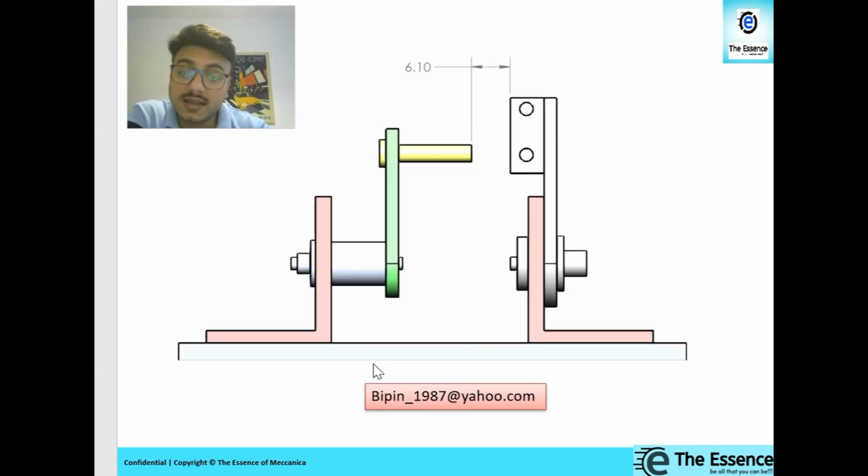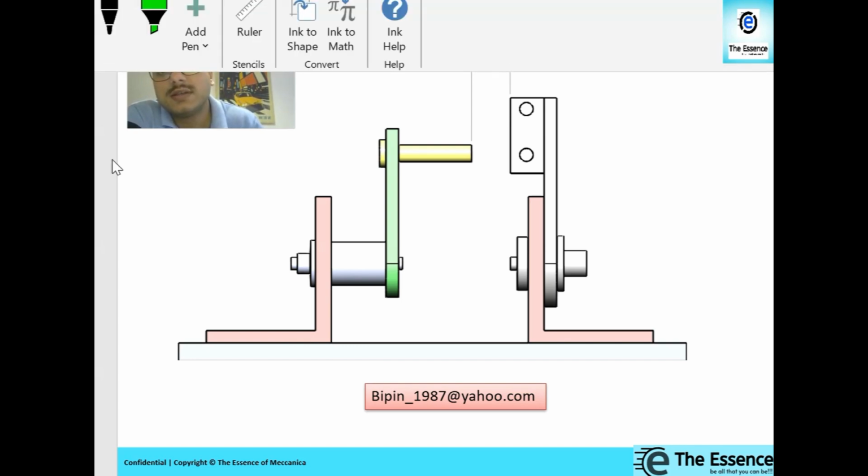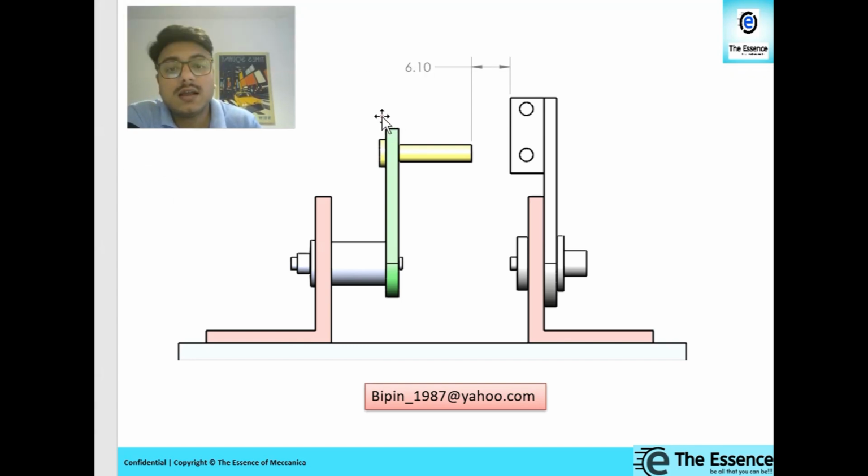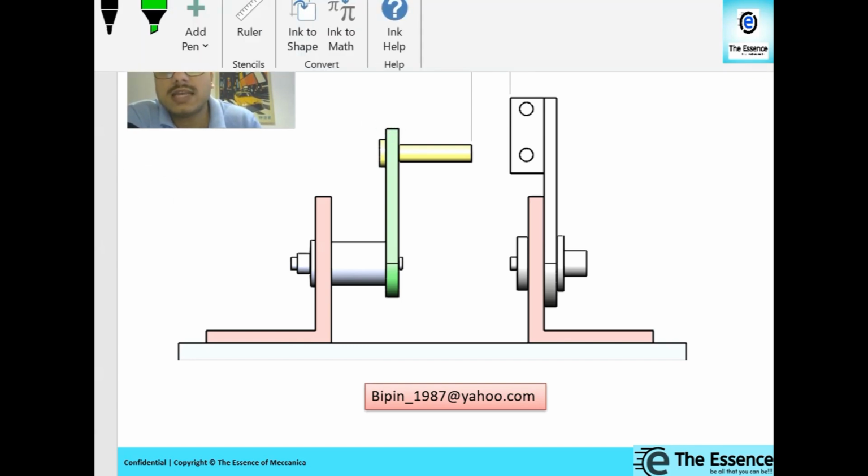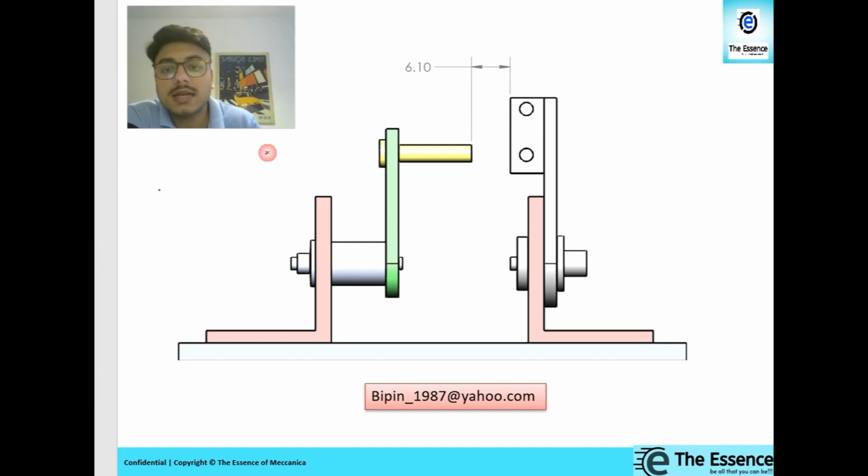One more check. Usually these days we are using SolidWorks or any other CAD software, right? So in that case, you can always measure the mean gap. If I measure this mean gap in CAD, see, 6.1 I am getting.